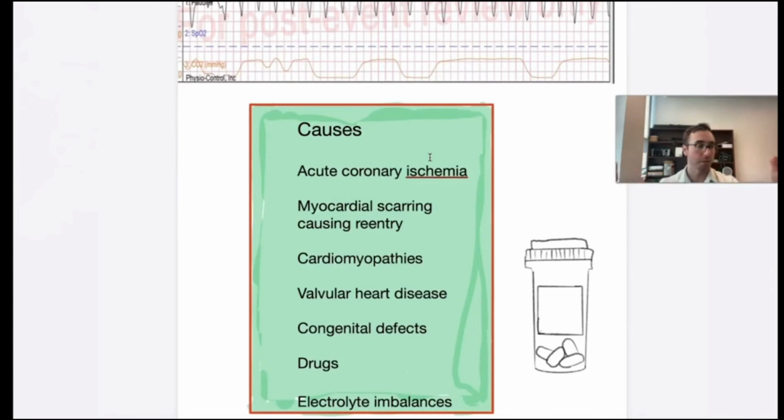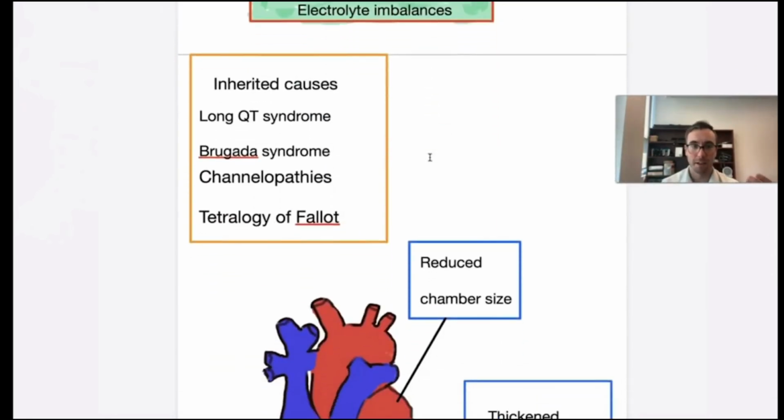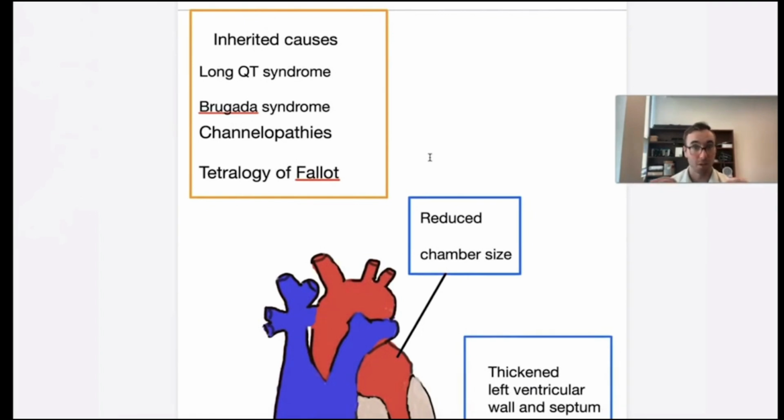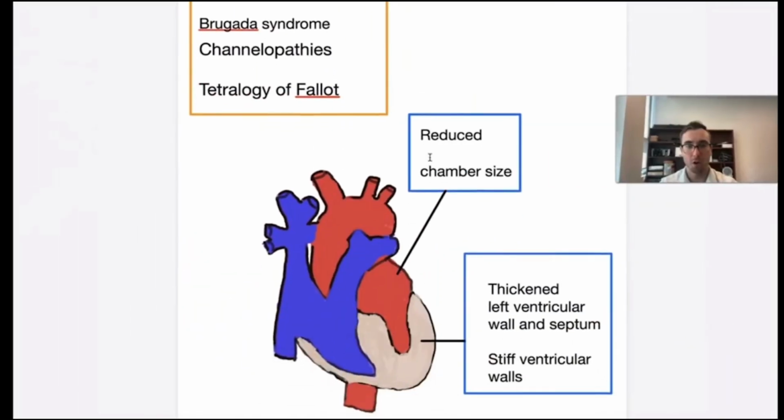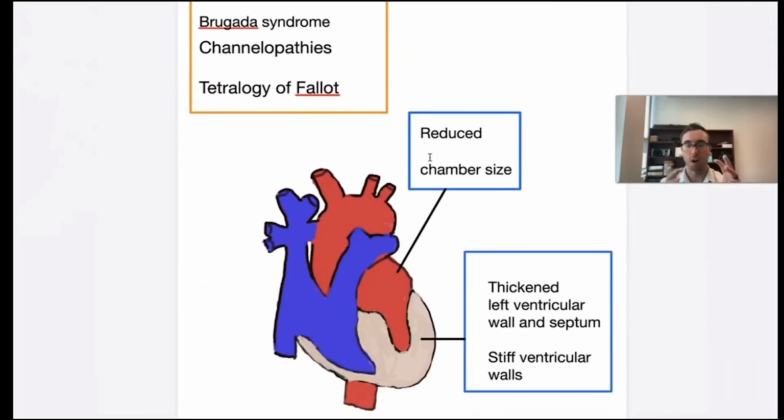The causes of VTach and ventricular fibrillation are intertwined. And if you look at the inherited causes again, long QT, Brugada syndrome, channelopathies, and tetralogy of Fallot can all lead to ventricular tachycardia.